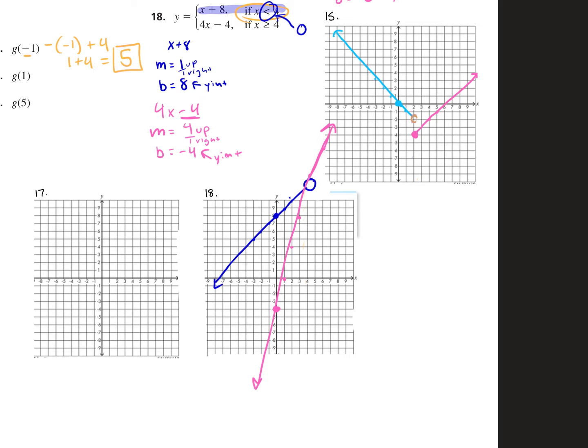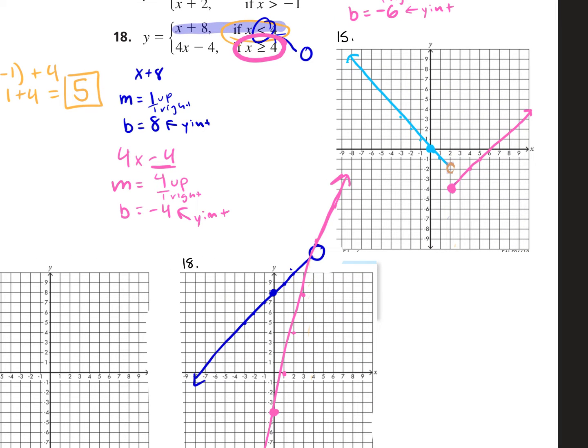So now we care about when x is greater than or equal to 4. So I'm going to put a wall at 4. Greater than 4 would be which direction? To the right. So which part am I going to erase? The left side. So I only care about to the right of 4.